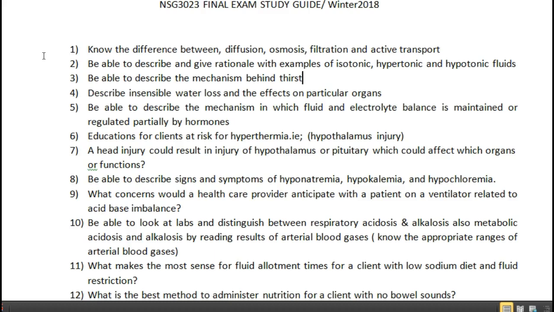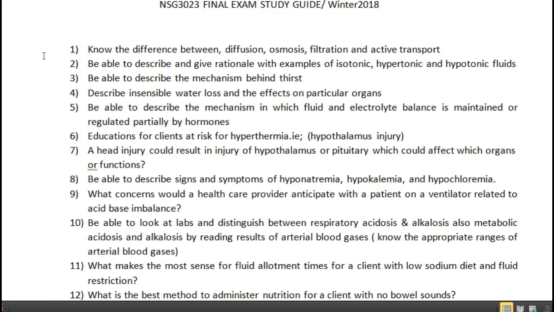So, make sure that you pay particular attention to that, and know that the pituitary gland, which is part of the hypothalamus, in the posterior pituitary gland, releases antidiuretic hormone.